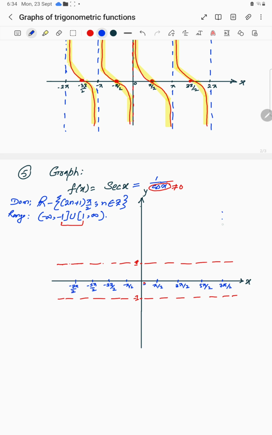So I can plot this with a dotted line here, let me make it straight, and here you can see these are the dotted lines representing that the graph will not be defined at these values.